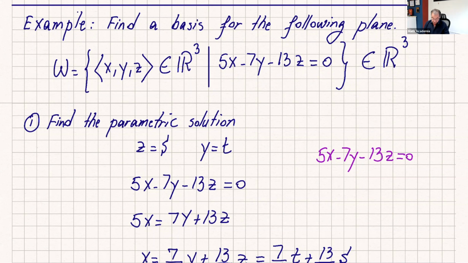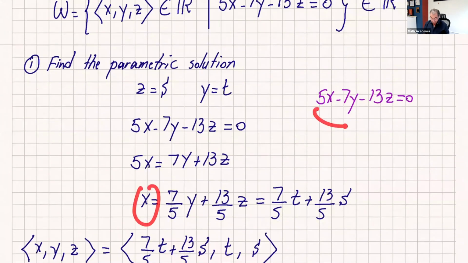We know we can say Y is T and Z is S, or vice versa. Isolate X from here, so you get 7 over 5Y plus 13 over 5Z. And we know Y is T and Z is S, so you just substitute.